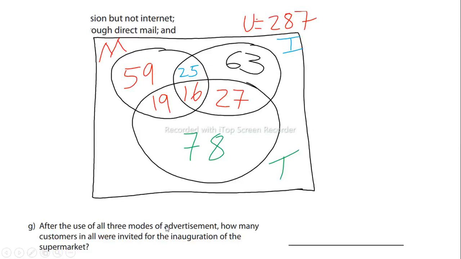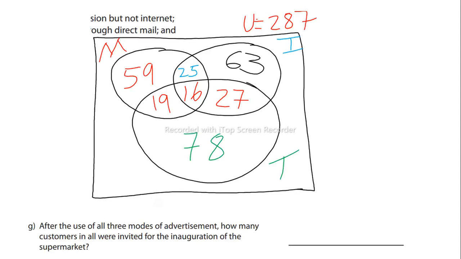All three modes of advertisement would be the direct mail, the internet, and the television. After using all three modes of advertising, how many customers were all invited? So we have to add all of these together, and that will be 287. That's 59 plus 25 plus 63 plus 19 plus 16 plus 27 plus 78. That gives us 287.